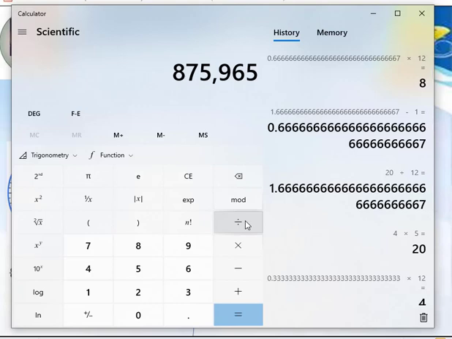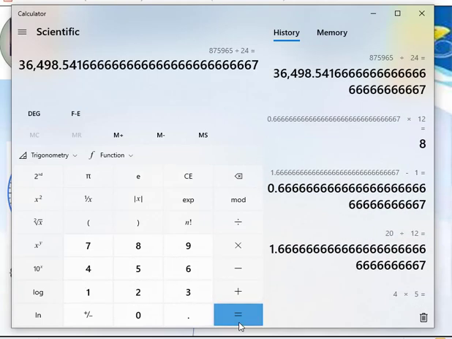So let's say the hours of a day, 24 hours. We are counting in modulo 24, so we divide it by the number 24. We are going to have 36,498.541 and so on. So what we are interested in is the decimal, not the whole number.